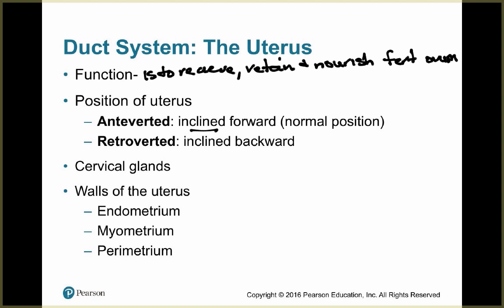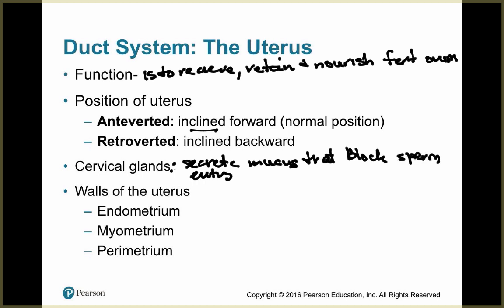And so those are the different parts. Now, it does have a cervical gland, and this gland helps to secrete mucus that will actually block sperm entry during any time except during the mid-cycle.